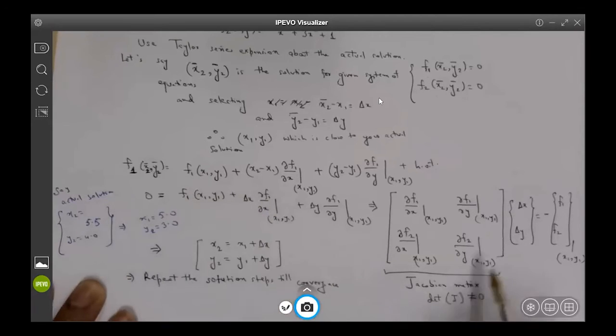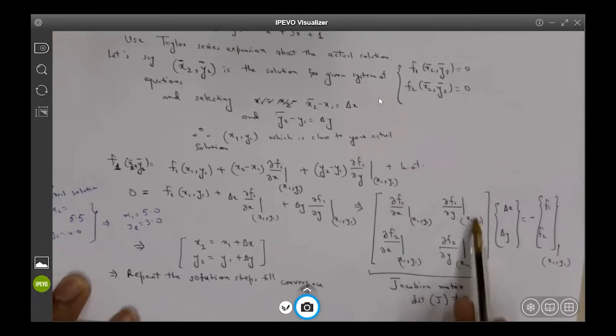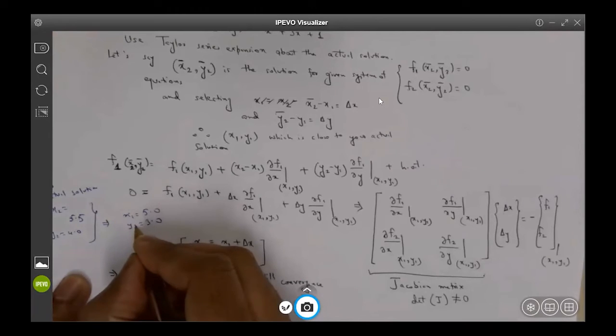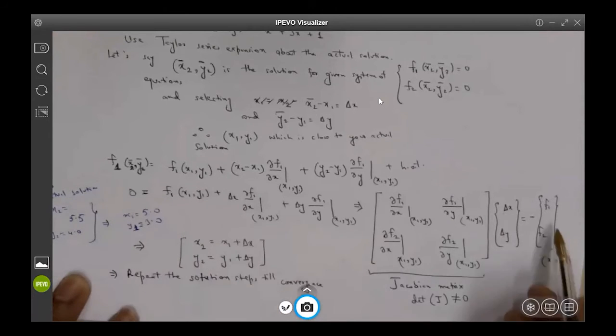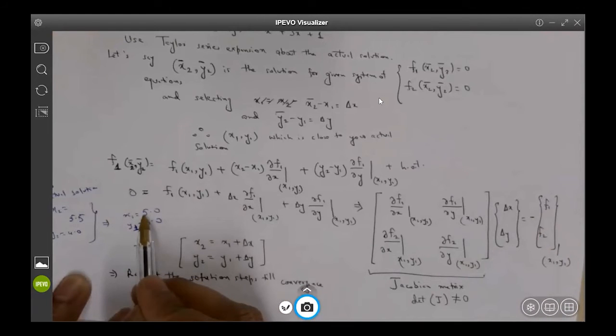Then you calculate delta x and delta y using these equations, where this equation is formed using this matrix. This is your function value at x1, y1, because x1, y1 is already known to you. You have already guessed that. So you can solve for delta x and delta y. Once you get them, you add them to your x1 value here.